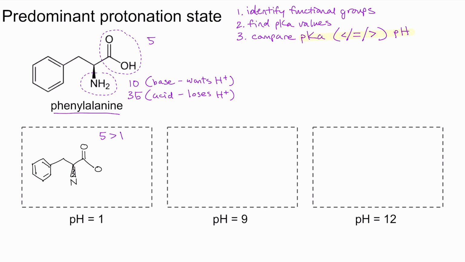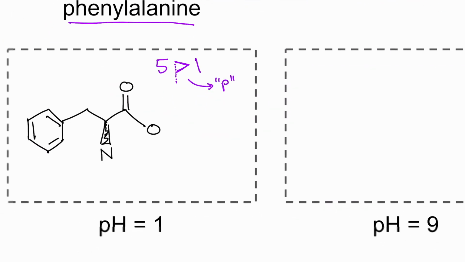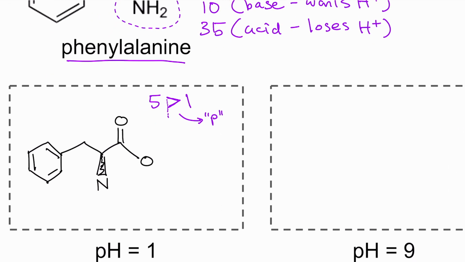Now, we can go through all the computations that I showed earlier, or you can use this neat little trick. If you look at the bracket symbol I just drew, and you add this line to the left, it looks like a P. And P stands for protonate.